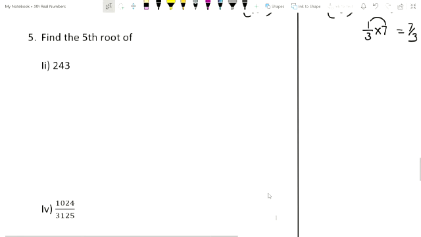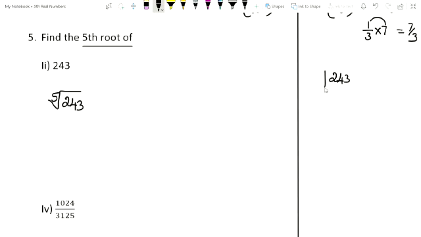See the next question. Find the fifth root of 243. Fifth root we need to find out. First, you take 243. This number is divided by 3. 8 3s are 24, 3 1s are 3. Again 3, 2 3s are 6, 7 3s are 21. Again by 3, 9 3s are 27.